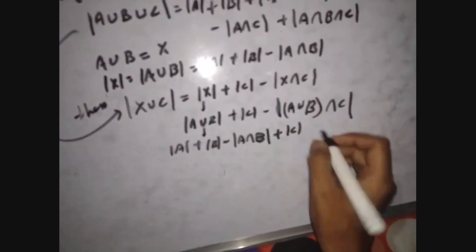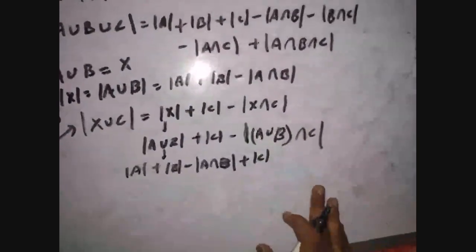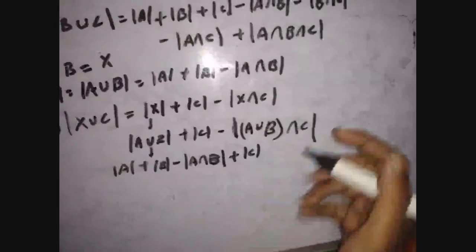Plus cardinality of C, and we can open this bracket by using a property of sets.